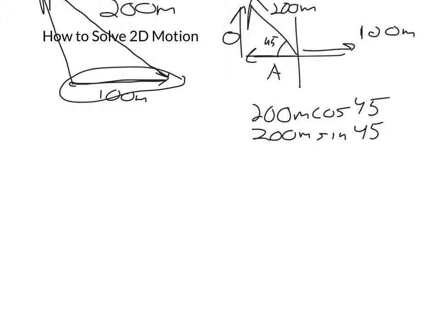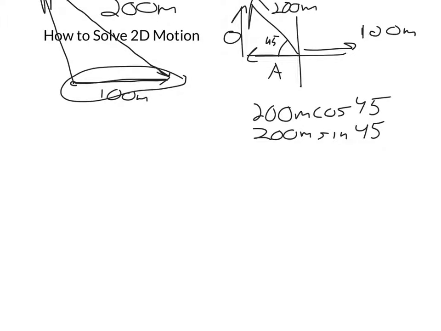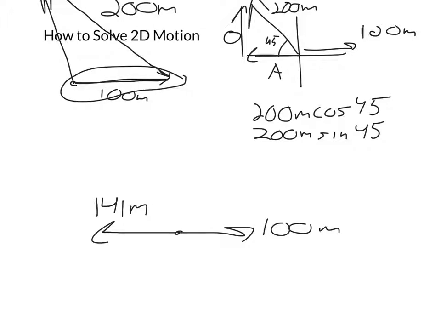All right, so let's do this. Calculator: 200 sine 45 or cosine 45, either one works, and I get 141. So if I'm going to redraw this, I now have three vectors. I have a 100-meter vector that goes to the right. I have the horizontal component to the left of 141 meters, and I have a vertical component vector of 141 meters, and I should have drawn those longer than the 100-meter vector, obviously.